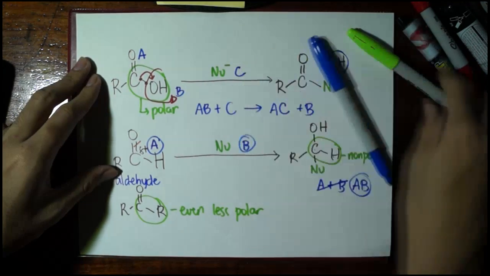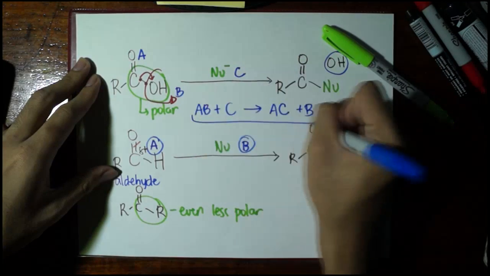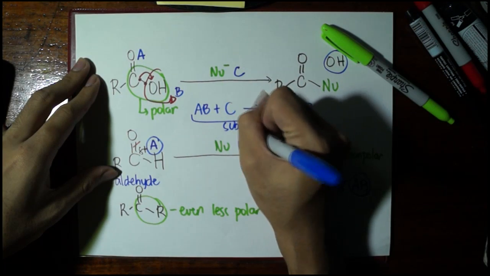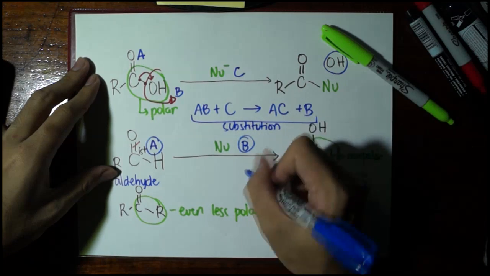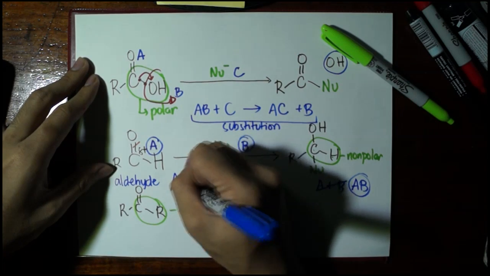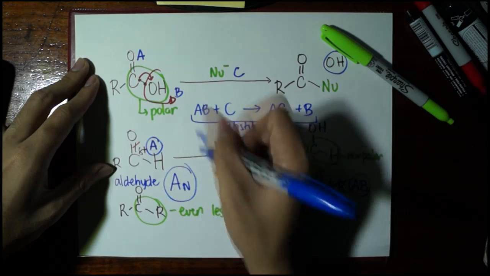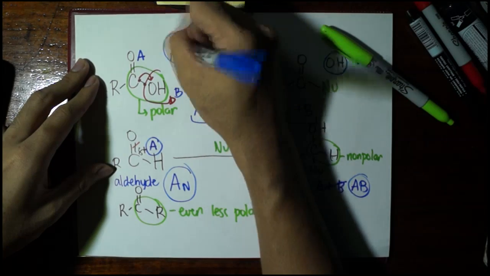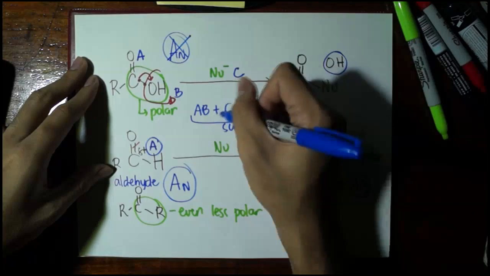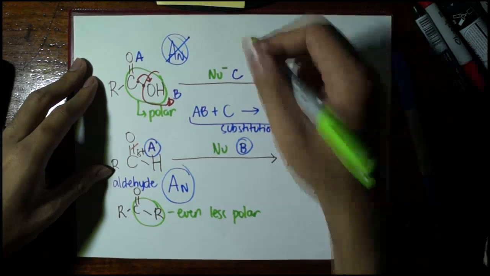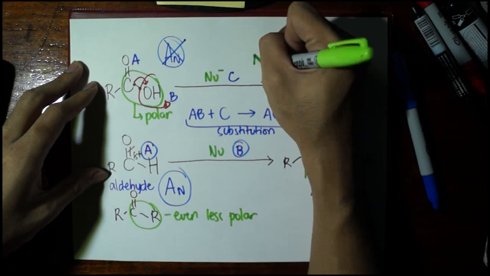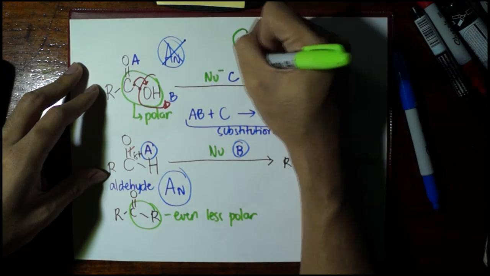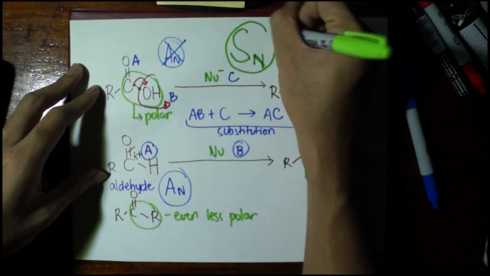No. Now this is obviously substitution. So if you think that carboxylic acids act by the mechanism of aldehydes or ketones, which is AN, you are wrong, because now we see that the mechanism of carboxylic acids is nucleophilic, yes, but not addition, but substitution.